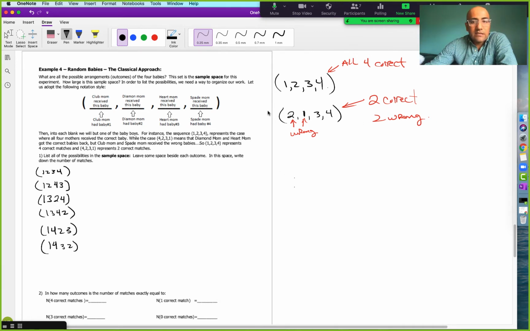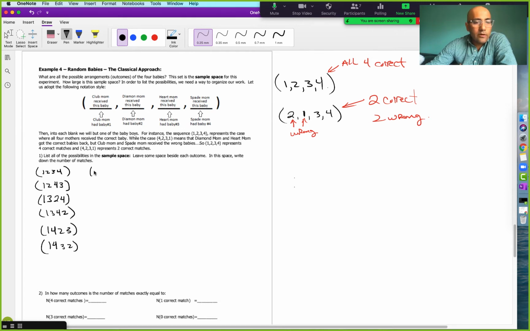Of course, in this notation style, it wouldn't make sense to repeat a number. 1, 1, 2, 3 doesn't make any sense, because baby number 1 cannot go to house 1 and also go to house 2. It doesn't make sense in the context of this scenario. Good. So this is every possible way in which baby number 1 goes to house number 1.